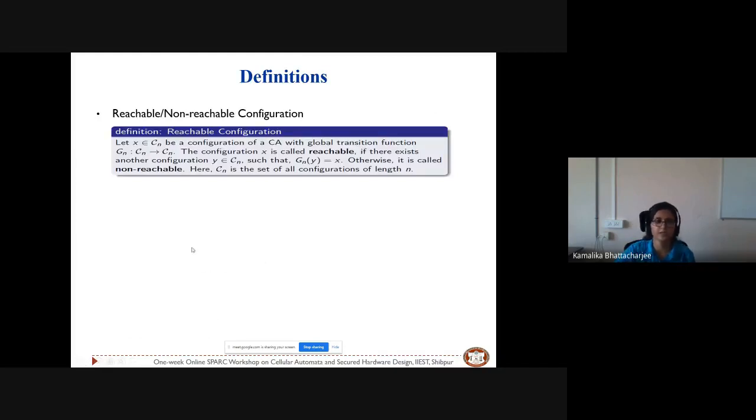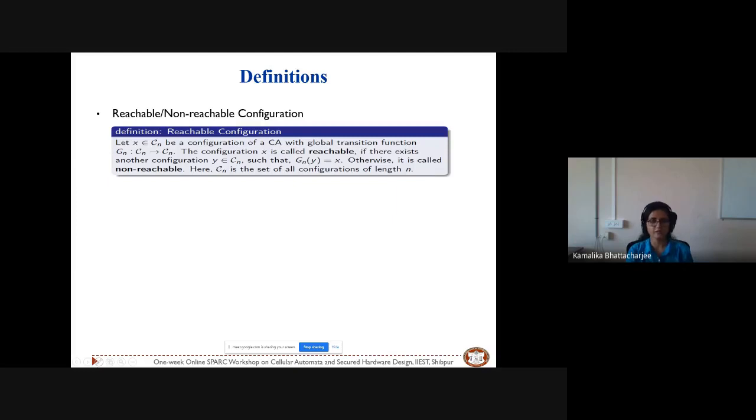So this is the RMT sequence for this configuration. Now, we can get some reachable configurations and some non-reachable configurations. These reachable and non-reachable configurations are similar to the concept of orphans and Garden of Eden configurations. But those were defined over the infinite lattice. Here we will be defining them over the finite lattice.